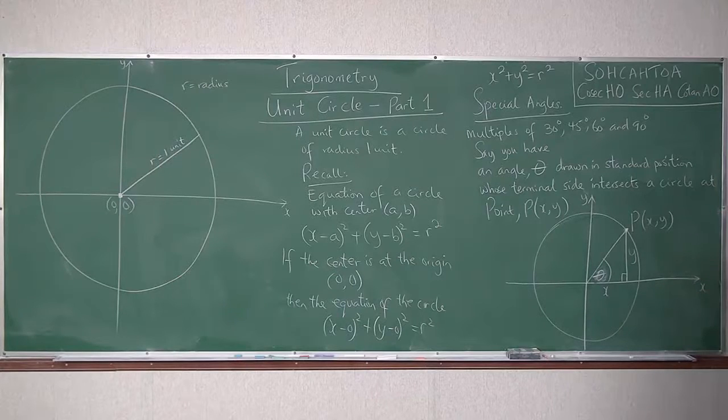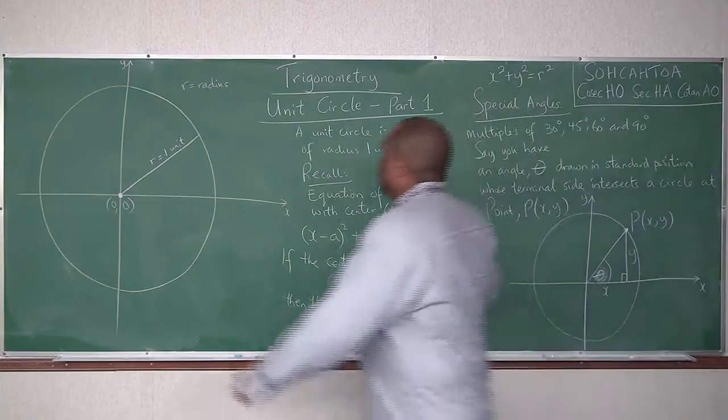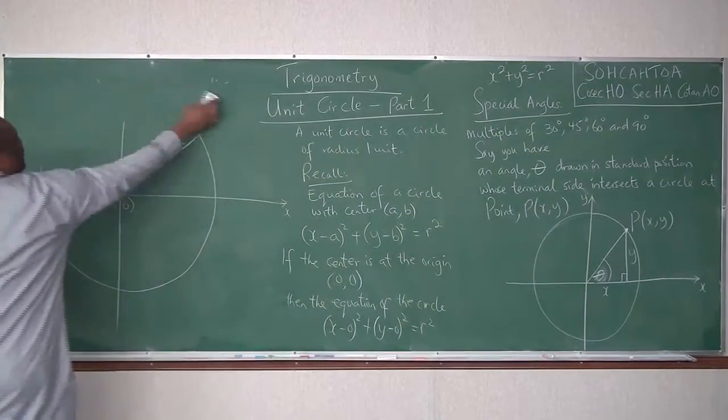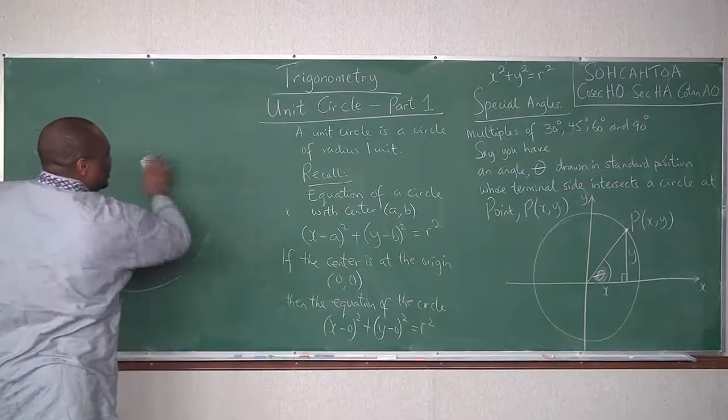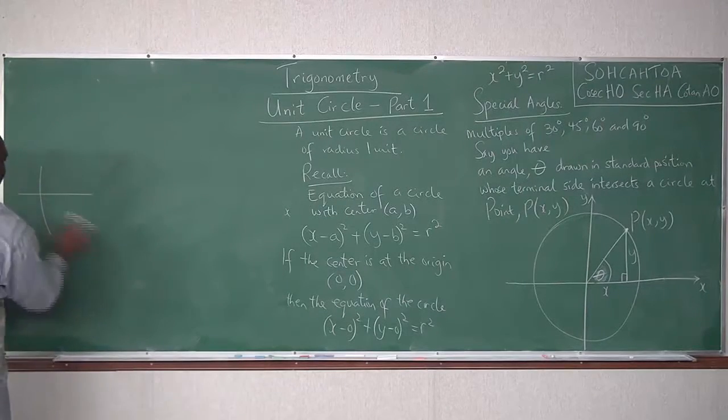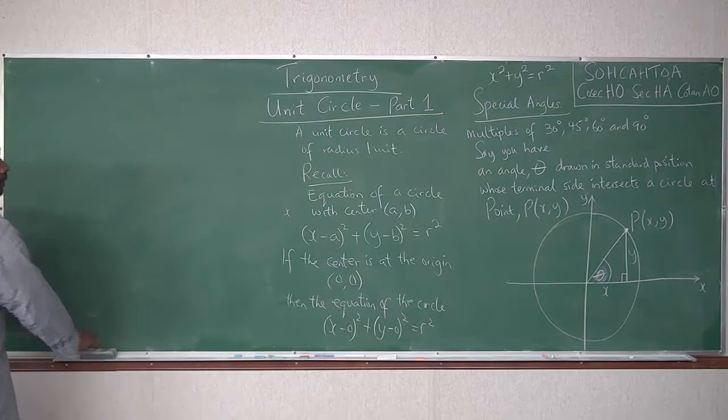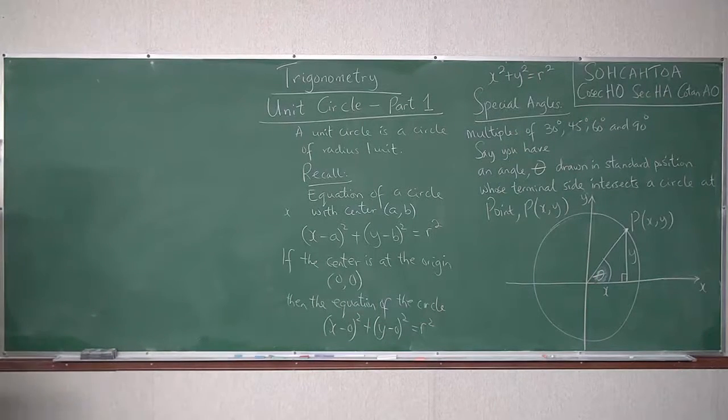Alright, now let us define the 6 trigonometric functions based on that diagram. If we do that, what do we have? We have that sine theta will be opposite over hypotenuse.